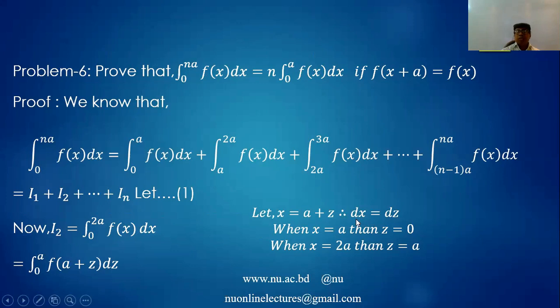Differentiating with respect to x, dx is equal to dz. Now when x equals a, z is equal to what? Another way you can think, as we know f of x plus a is equal to f of x.